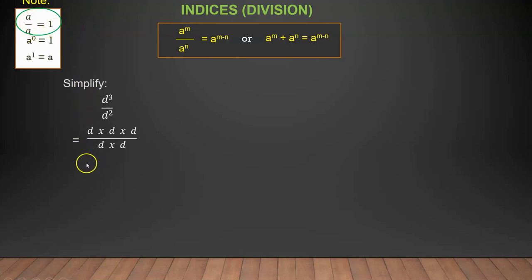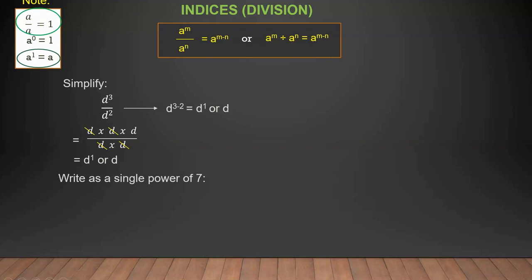So here you can cancel the d, that's going to be 1 pair, and there's another 1 there. You're just left with 1 d. So d to the first, or we don't need to write 1, so it's just d. We can write it down as d cubed divided by d squared is equal to d to the 3 minus 2, or d to the 1, or just d.